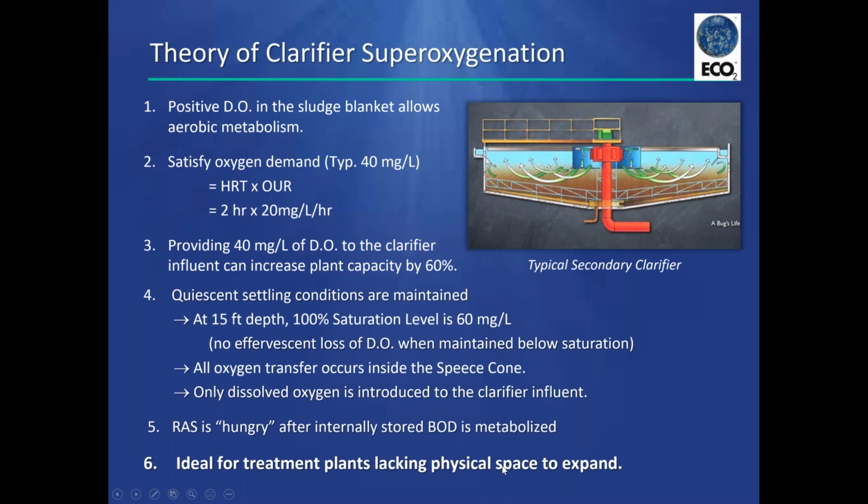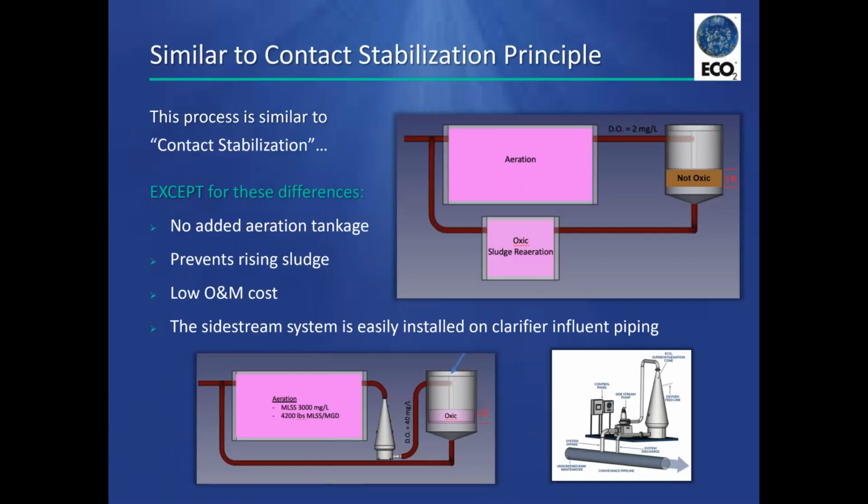So let's go to the next slide. As anyone watching says, well, that's just the contact stabilization process, and we say that's right. In the contact stabilization process, we take out the BOD here, and then we have a separate tank down here that essentially metabolizes that BOD aerobically, so the bugs are hungry by the time they get back here.